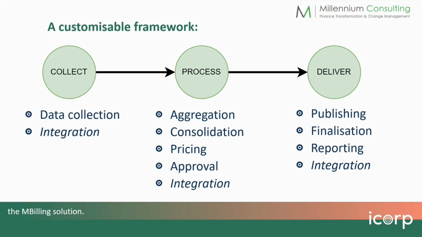So that is where we need integration. Then when we have all data in the system and all data at hand, it needs to be processed. And this is the area where we apply aggregation, consolidation, making sure that your business rules are in place, applying complex pricing algorithms. There might be a very sophisticated approval framework, and sometimes even here, a separate integration is required.